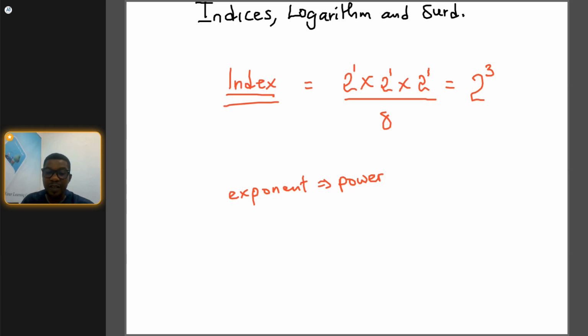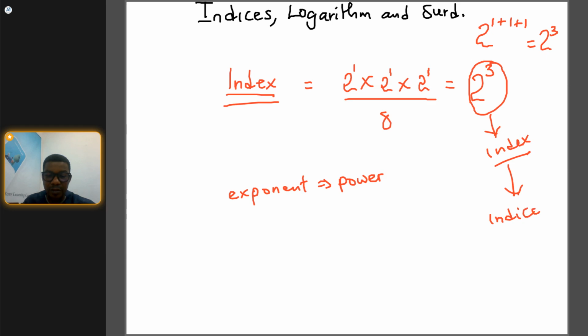So the law of indices comes in by adding the first power plus the second power plus the third power. So it will be 2 raised to power 1 plus 1 plus 1, which is 2 raised to power 3. So the expression of a number in this form is called an index form, and that leads us to the topic indices.